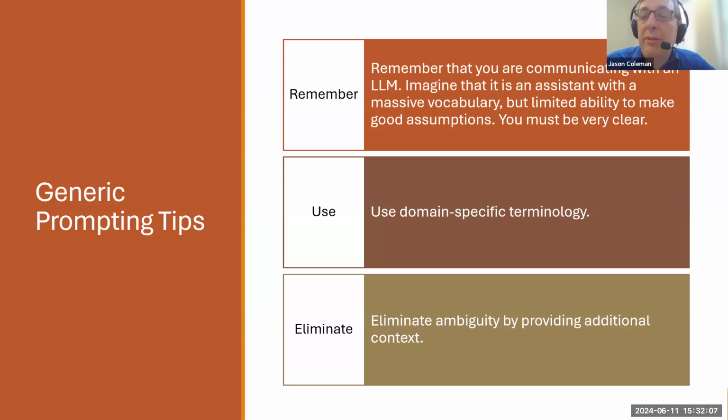So we have to be very clear, very explicit. Be on the lookout for assumptions that underlie what you're typing. As librarians, we're good at finding assumptions and what needs to be articulated better, so we are pretty good at prompting in general, I think. We have to use domain-specific terminology.